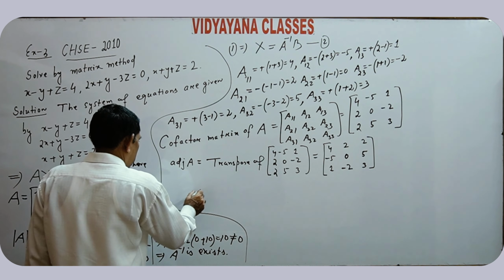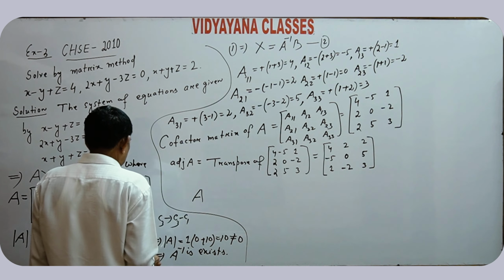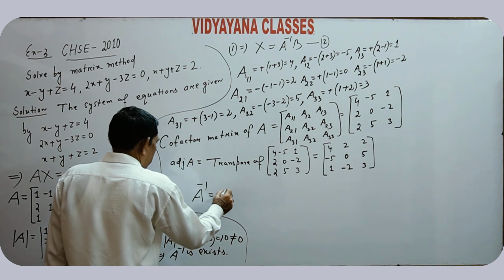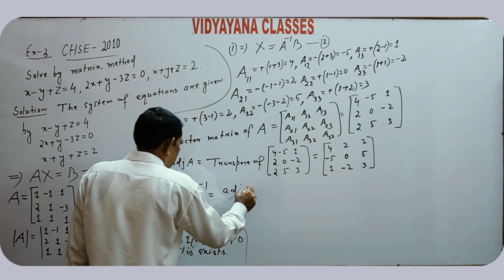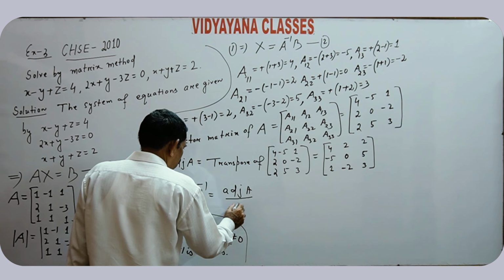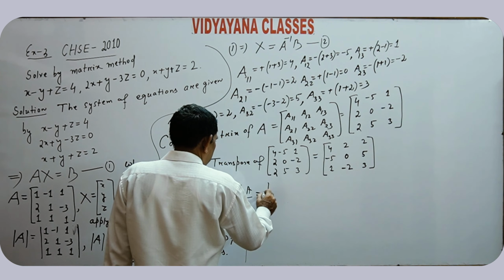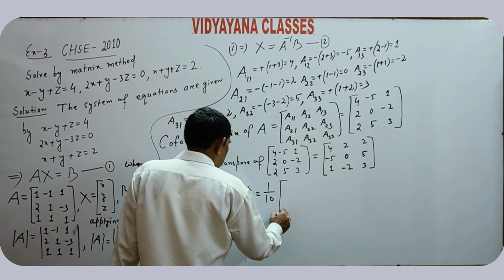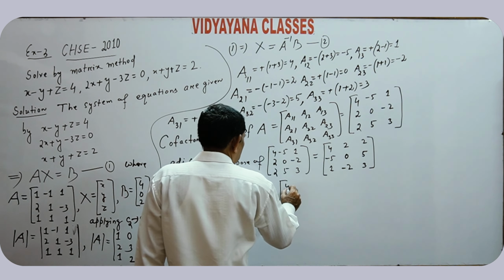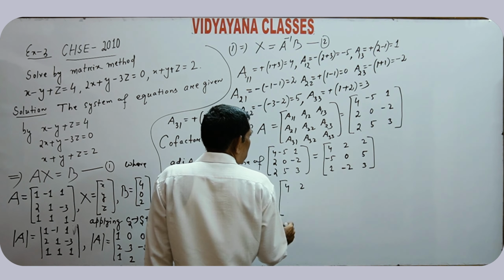A inverse is equal to adjoint A divided by A determinant, which is equal to 1 by 10 into 4, 2, 2.